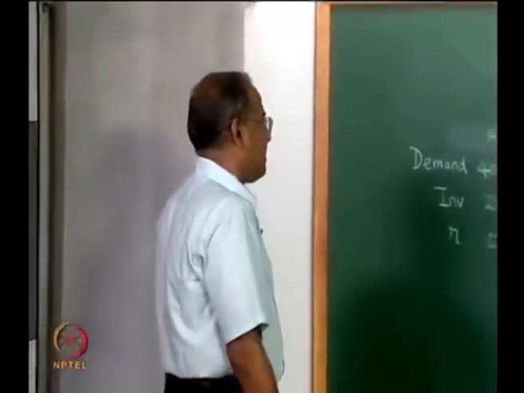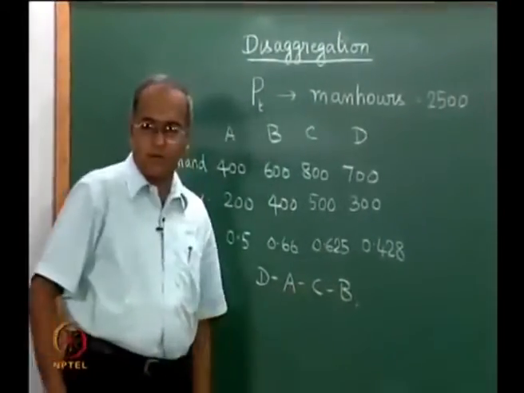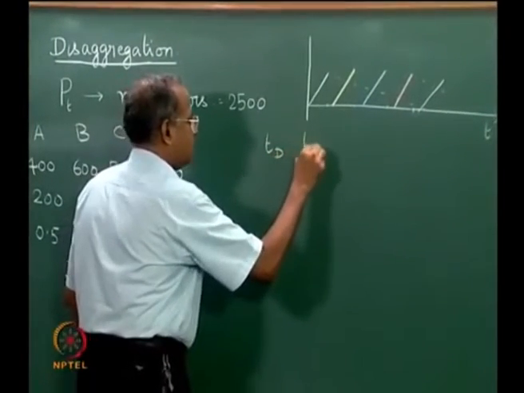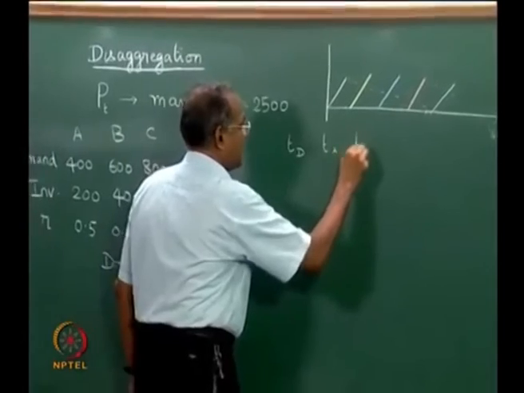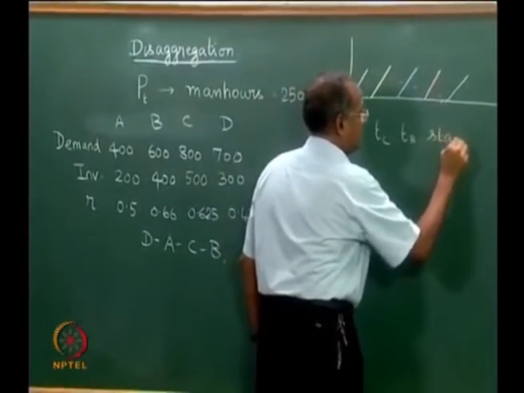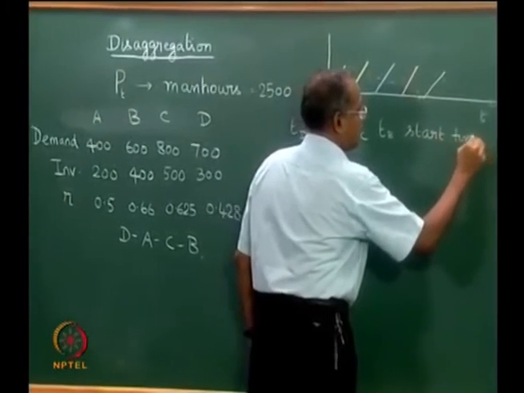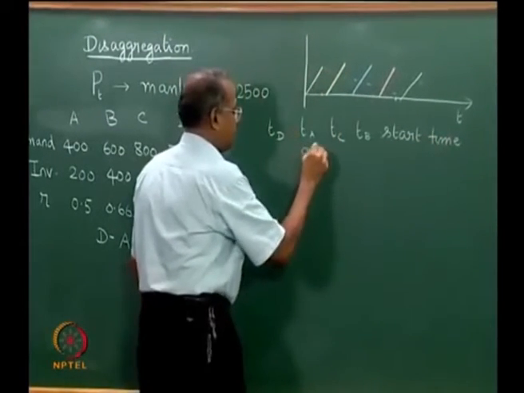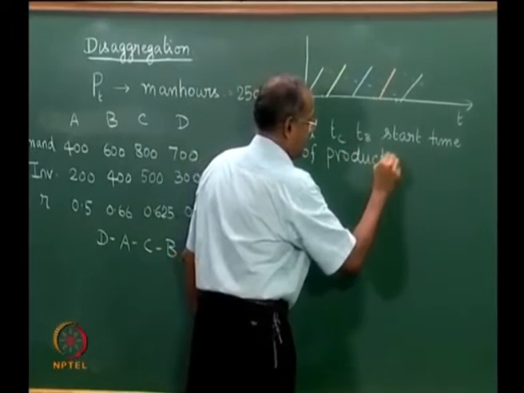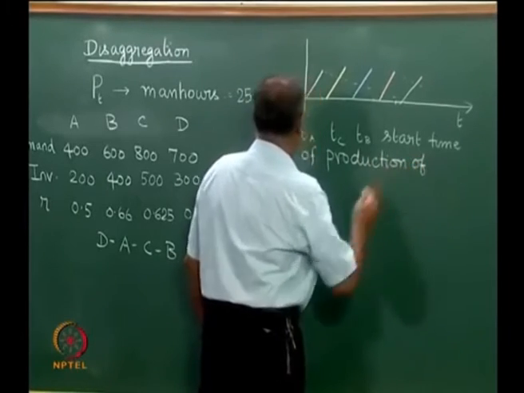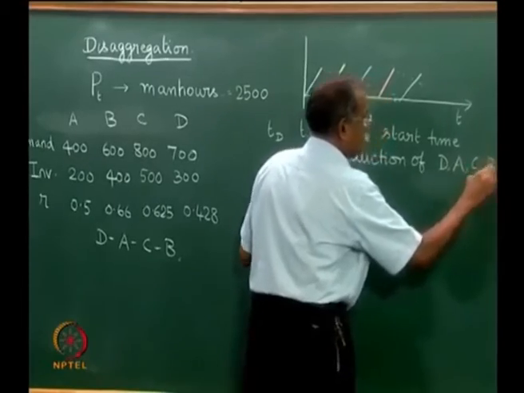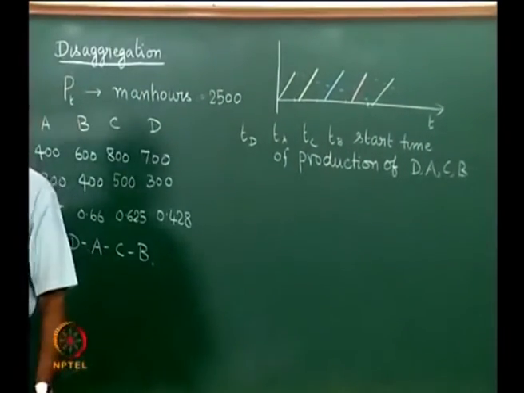So, now let us start defining the variables. Let Td, Ta, Tc and Tb be the start time of production of D, A, C and B respectively.